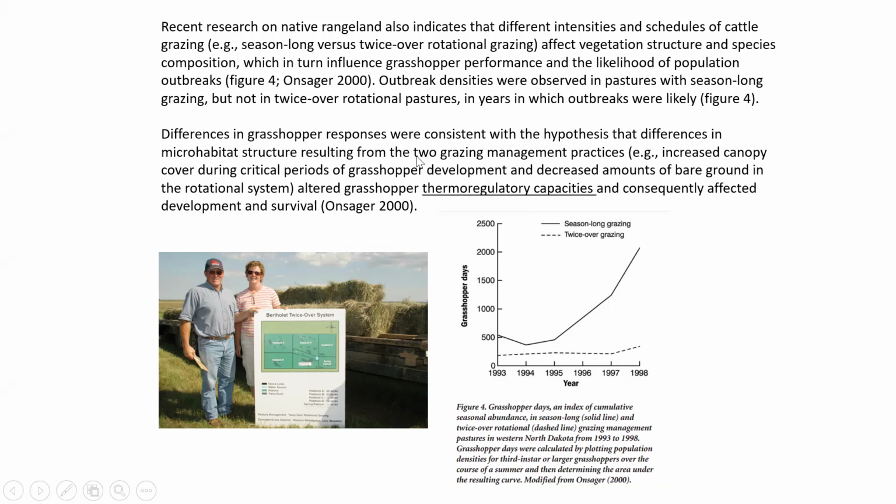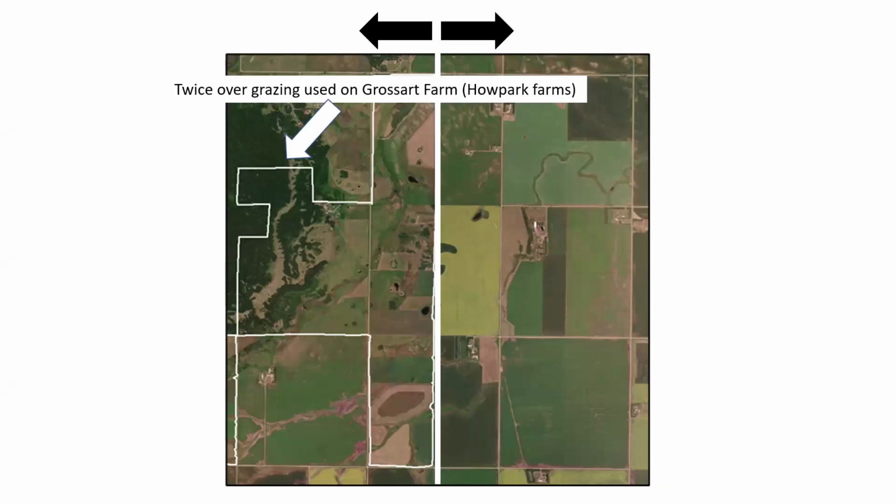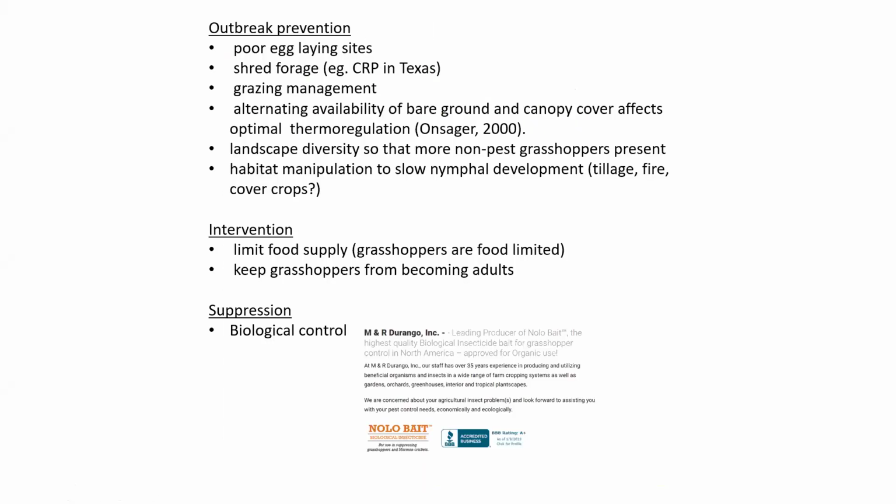So you can read this on your own, but the temperature at the soil level does dictate a lot of the grasshopper's growth cycle, development cycle. And on this farm here that I showed you earlier, this area up here is all native rangeland, and these farmers have used twice-over grazing for many decades now, and that has really helped reduce their grasshopper population.